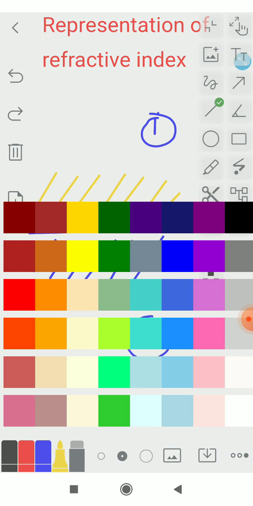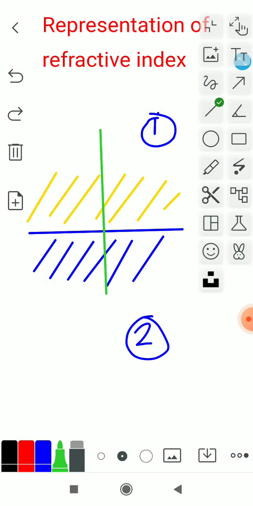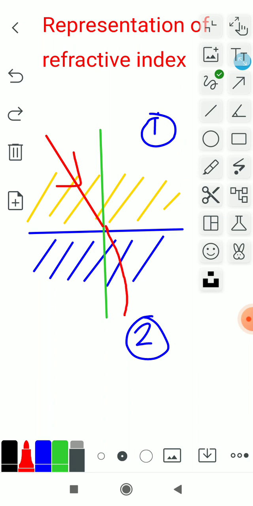Now, with the normal drawn, the light ray is coming. As the medium is changing, the light ray will bend like that.